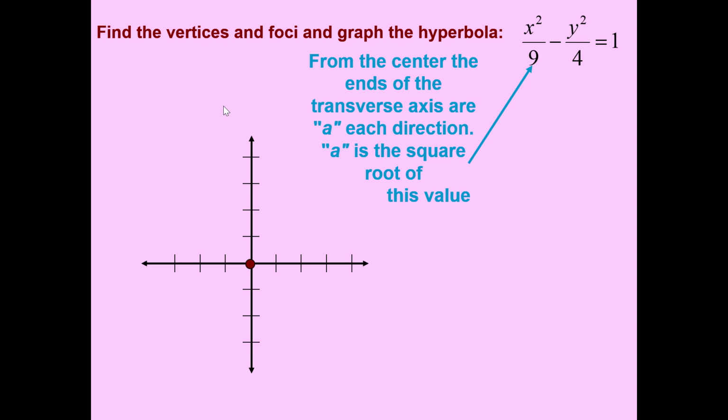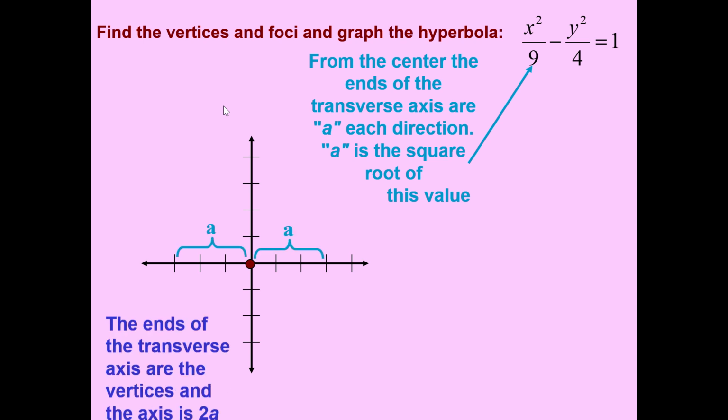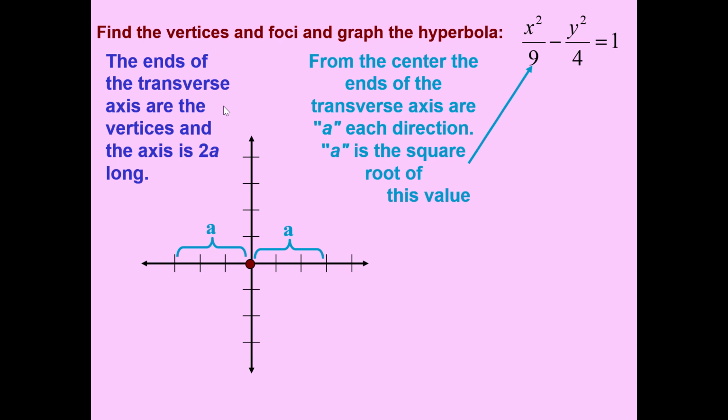In this case, 3 squared is 9, so a is 3. Ends of the transverse axis are the vertices. See the vertices here and here.